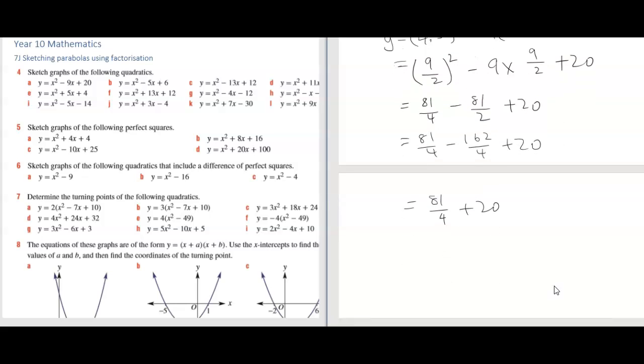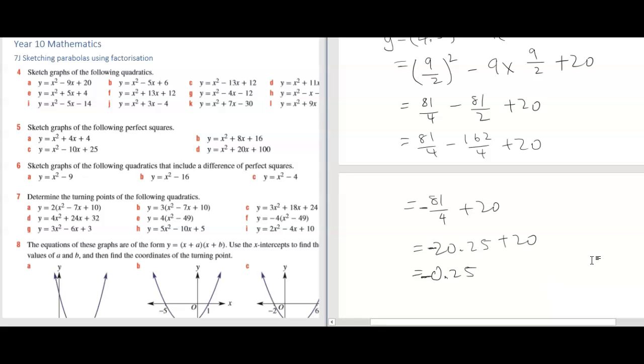And then we can put it back as a decimal. So 81 divided by 4: 80 divided by 4 is 20, and then we've got 1/4 remaining. And that should be a negative, shouldn't it? Oopsies. Plus 20. So you're left with negative 0.25.